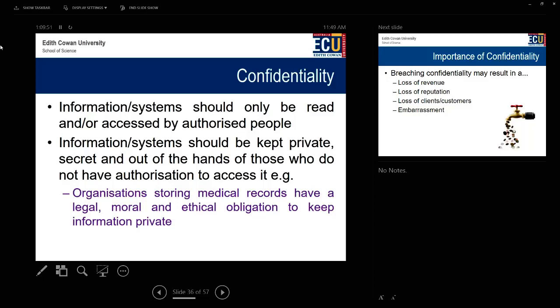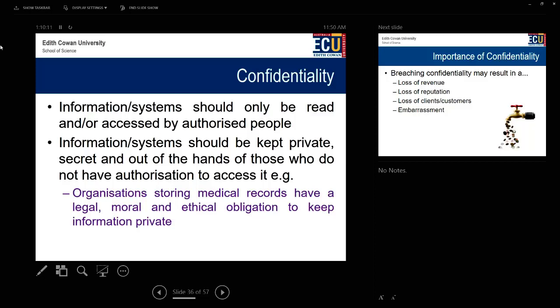Another example: an organization stores your medical records, and they have a legal, moral and ethical obligation to keep that information private. I have no right, being a non-legitimate person, to look into your medical records.